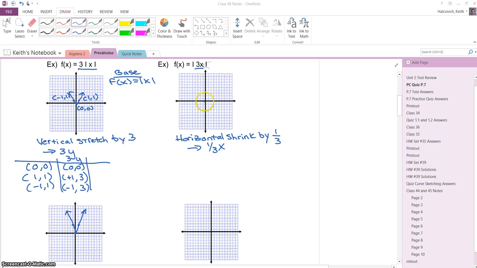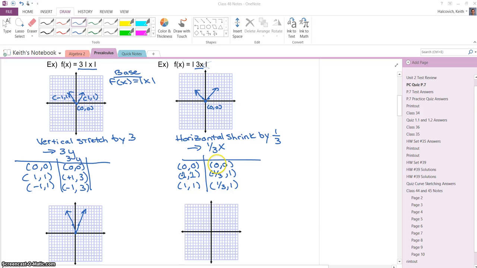So once again, the base is the same. So there's our base. And then when we do our chart here, make that negative 1. And then positive 1, 1. Multiply it by 1/3, we still get 0, 0. But here we get negative 1/3 and 1. And here we get positive 1/3 and 1.